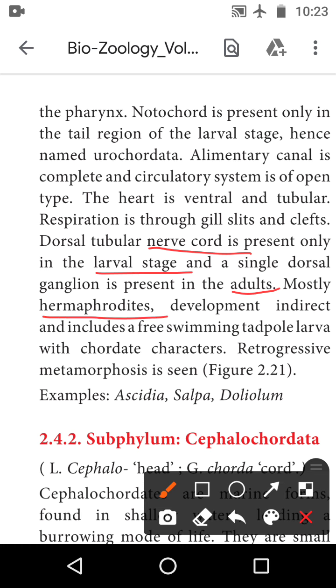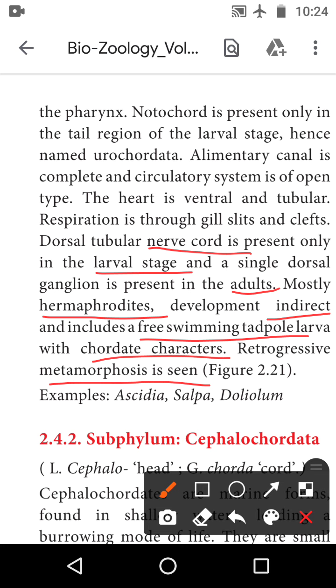Mostly they are hermaphrodites. Hermaphrodites means male and female are present in the same body. Development is indirect. Indirect means many larval stages are present. A free swimming tadpole larva is present with the chordate characters. Then retrogressive metamorphosis is seen.